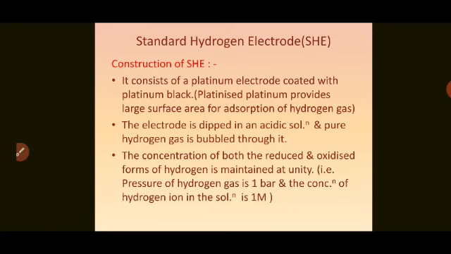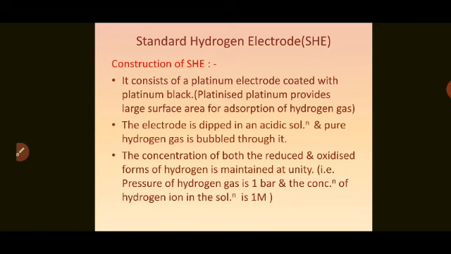Now, how is this standard hydrogen electrode constructed? It consists of a platinum electrode coated with platinum black, that is, platinized platinum, on which hydrogen gas is adsorbed. What is the role of platinized platinum? It acts as an inert electrode which only provides the surface area for the oxidation or reduction reaction.